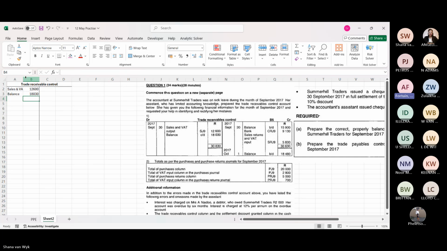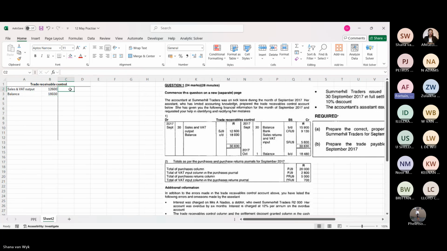Just remember with these questions, you won't get cheques in the exam. This is a bit outdated, but the principles still remain the same, so please don't perform about old work, old questions.